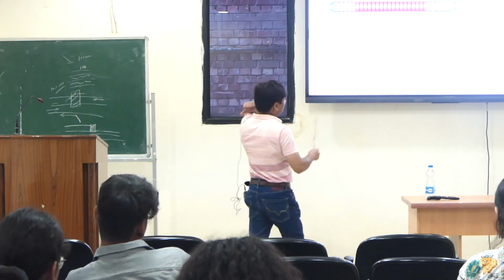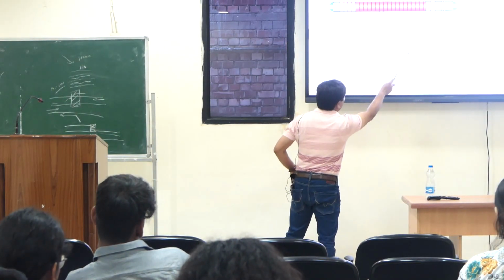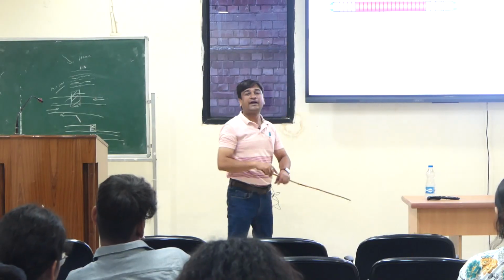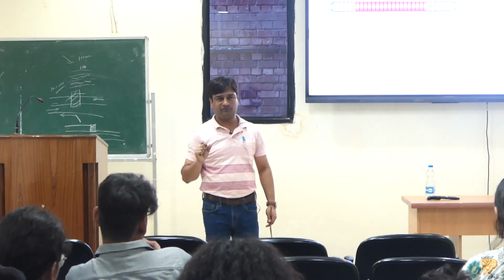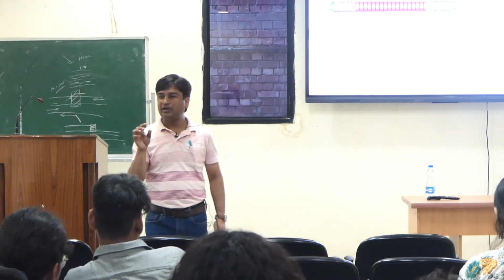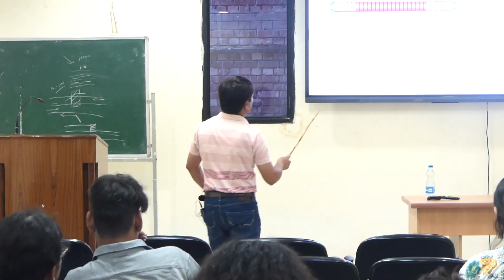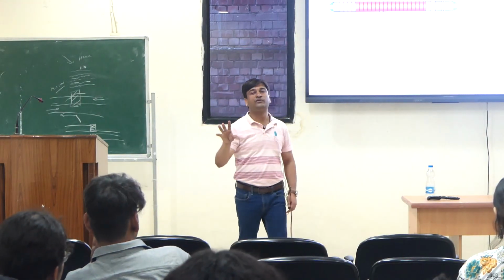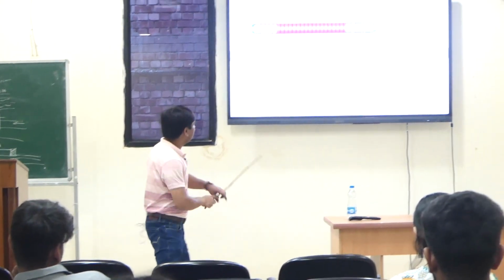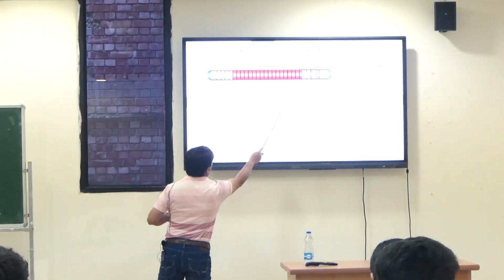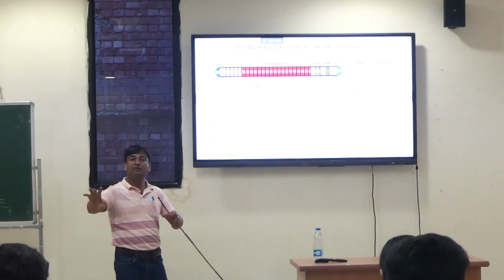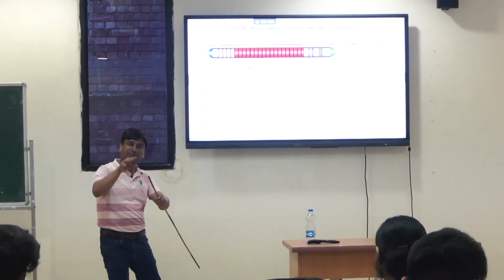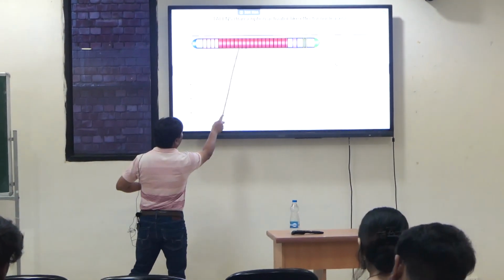Now, this is one part, this is the second part. The third one, right in the middle of the gene, is the repeat region. This repeat region consists of tandem repeats that are highly conserved in sequence. There is a variable number of repeats.